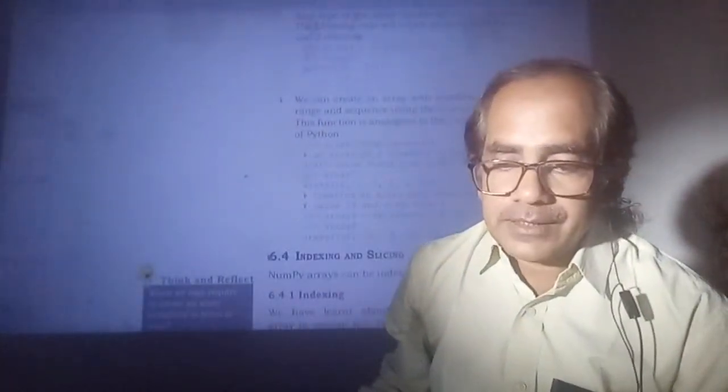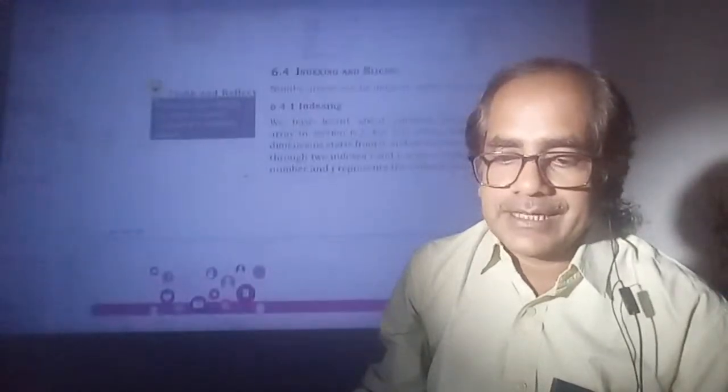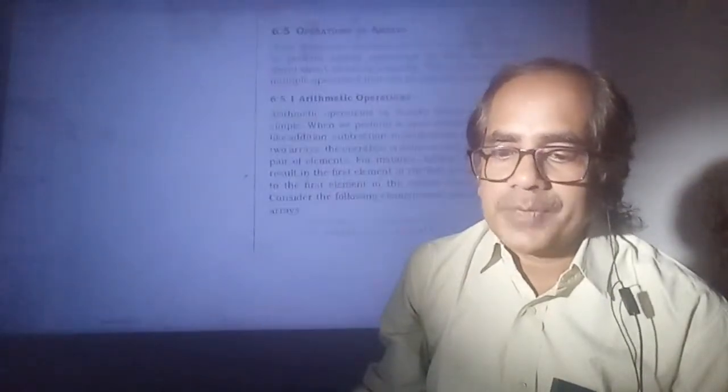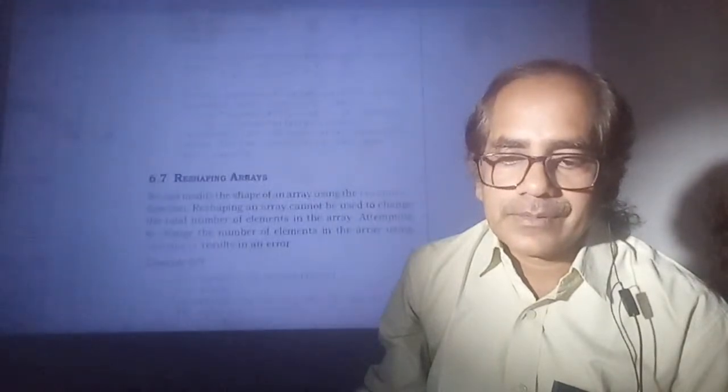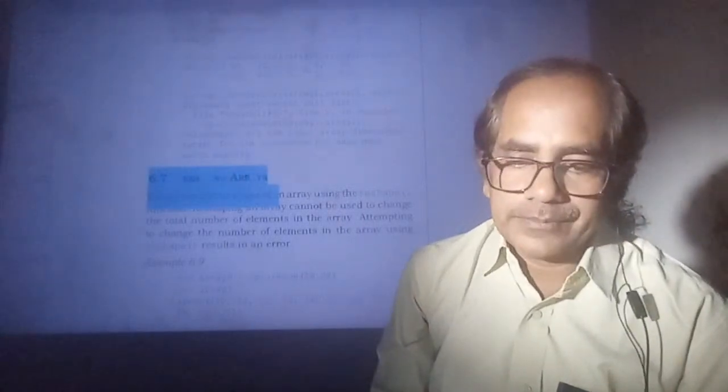See, this is 6.4 indexing and slicing. After indexing and slicing, it is given. Operations on array में भी नहीं है, आगे है. रीशेपिंग एरेज 6.7 में ये दिया हुआ है.